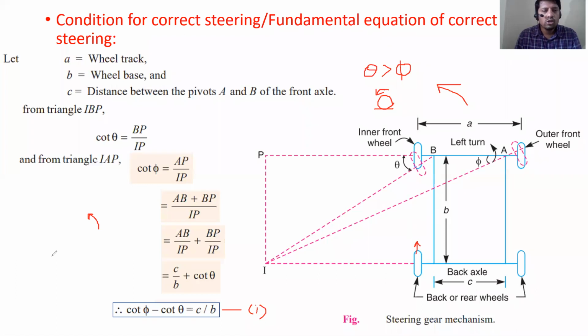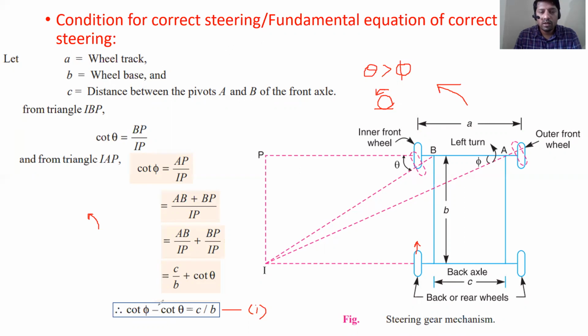Whatever mechanism you use for steering, in all the turning angles this condition should be satisfied, that is, it should be equal to C upon B. If at all turning angles this condition is satisfied, then your mechanism is fundamentally correct for steering.